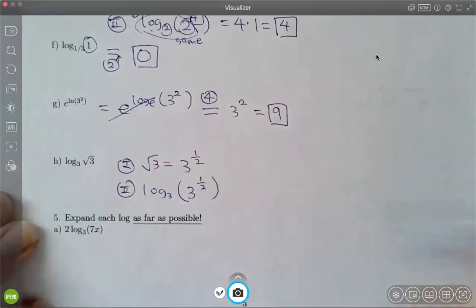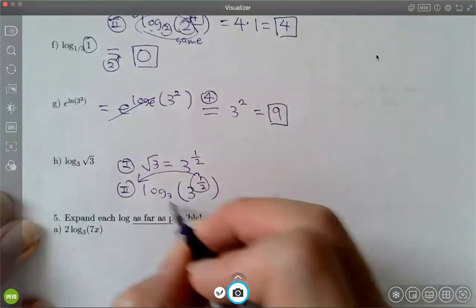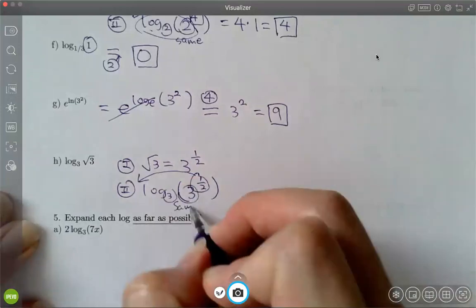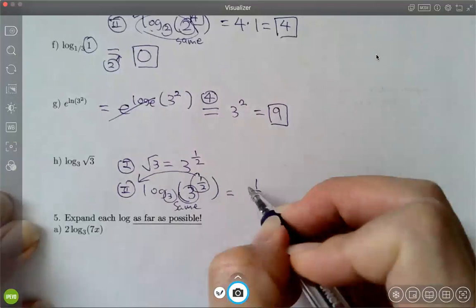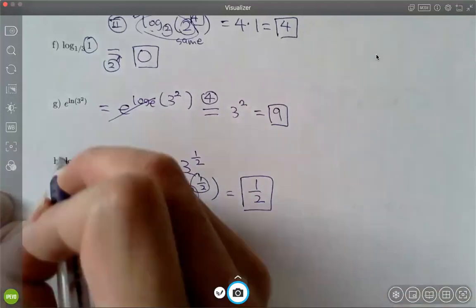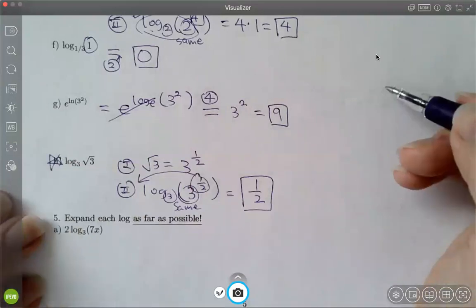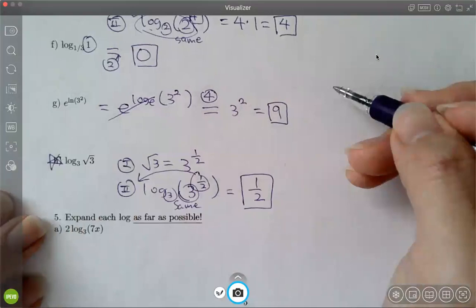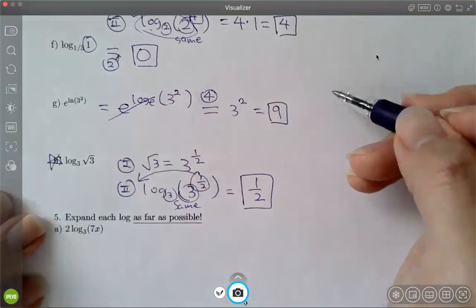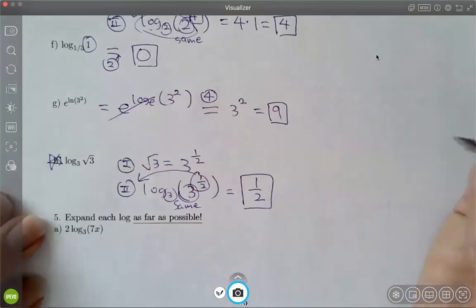Put the exponent out front, and the base and the number are the same. So what does that mean? It's just 1/2. The reason this kind of problem can be tricky is that people don't remember how to convert the square root or any other roots into exponential form.